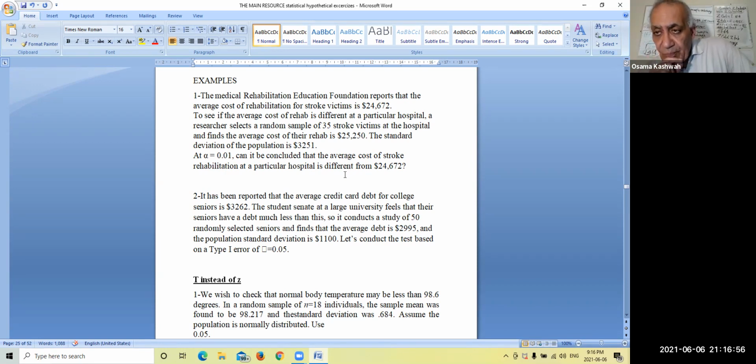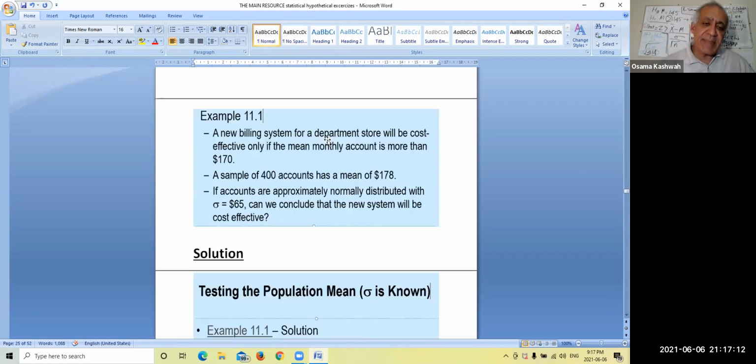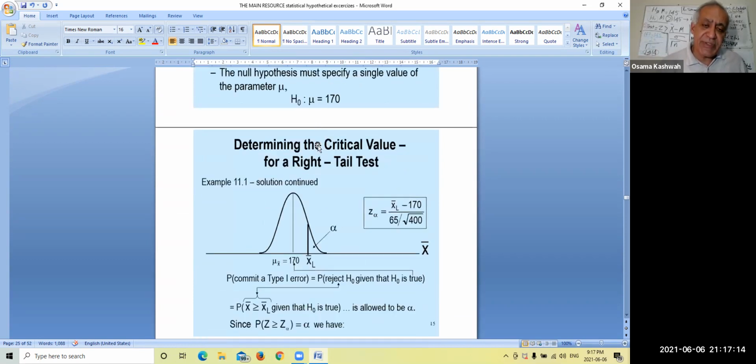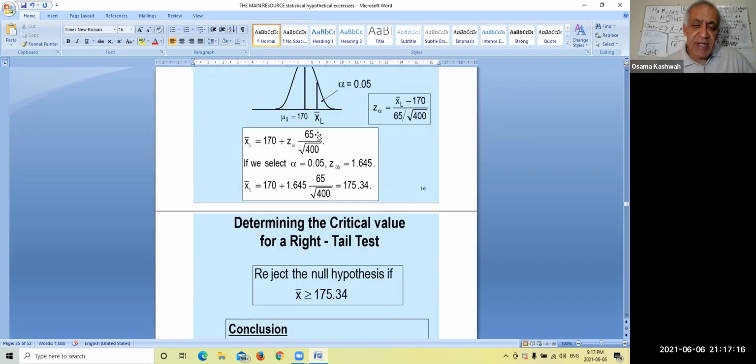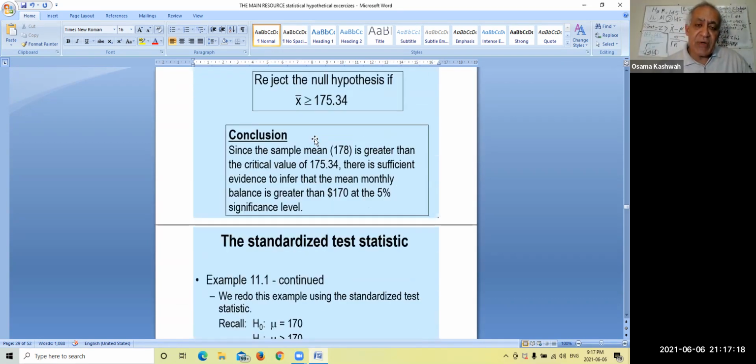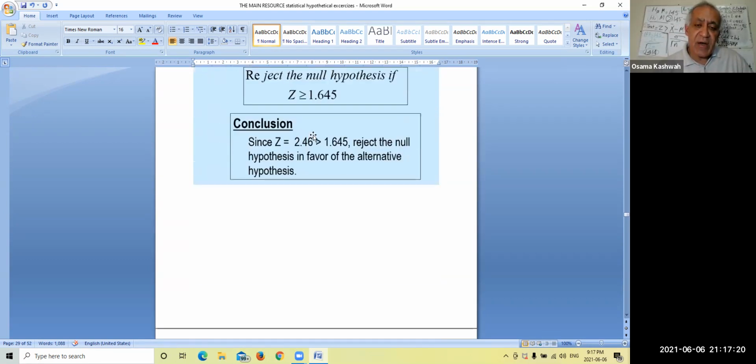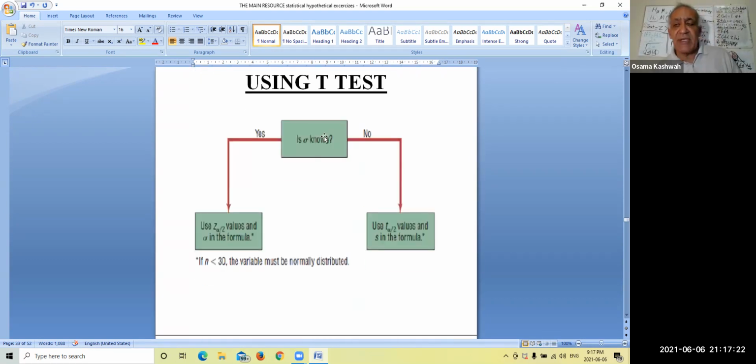But if the Z or T calculated is less than the T or Z tabulated, then in that case, you will accept H0 and reject H1. These are some examples like what I showed on the board here. You should train yourself in how to use Z in all your considerations.